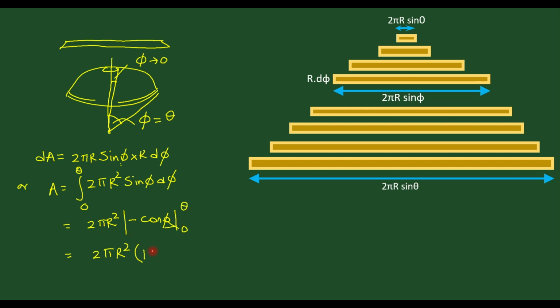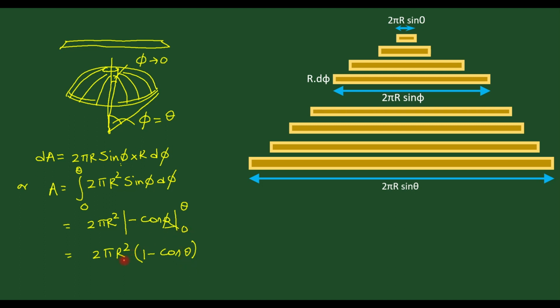Cos 0 minus cos theta means 1 minus cos theta. So this is the area of the curved surface of this portion. We have calculated its area. Area of this curved surface is A equal to 2 pi r square into 1 minus cos theta.